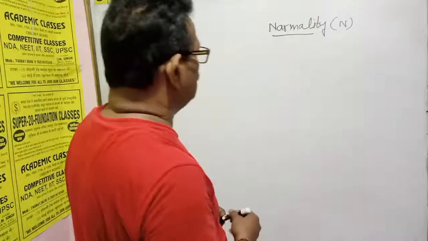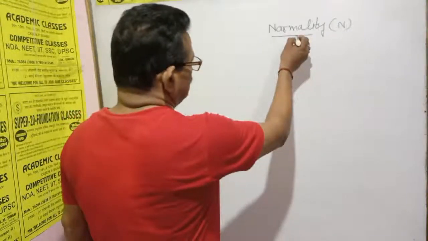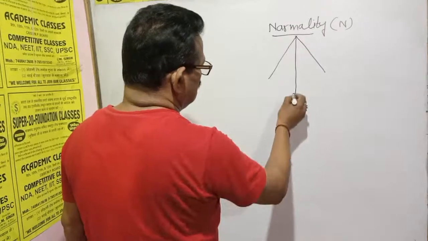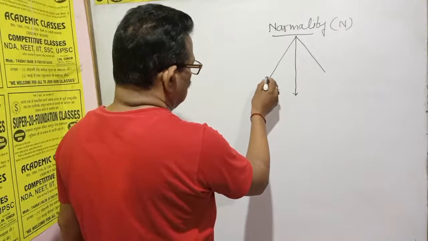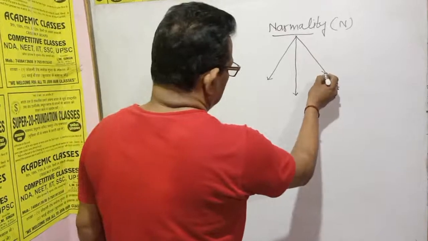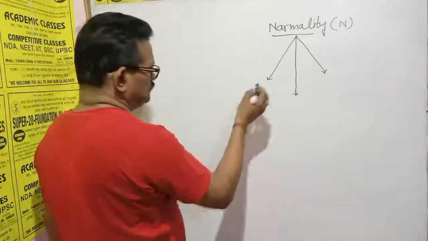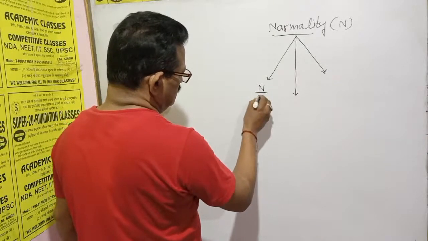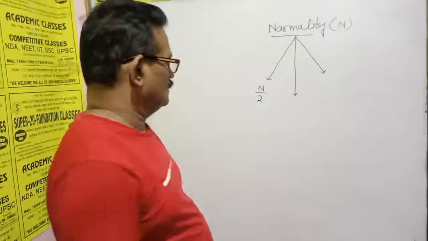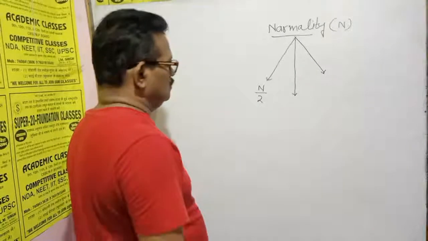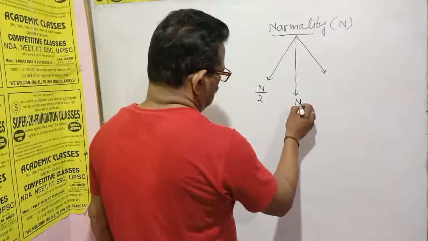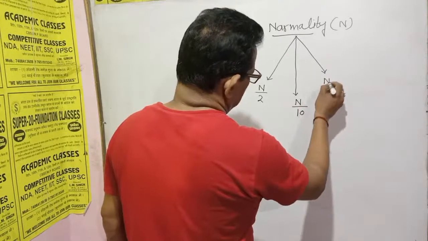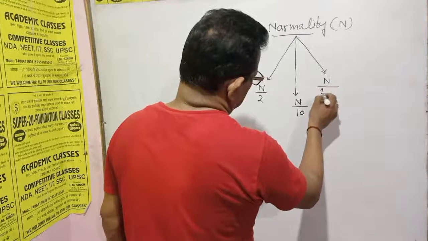Then for normality, suppose that there are three terms here: N by 2, N by 10, and N by 100.